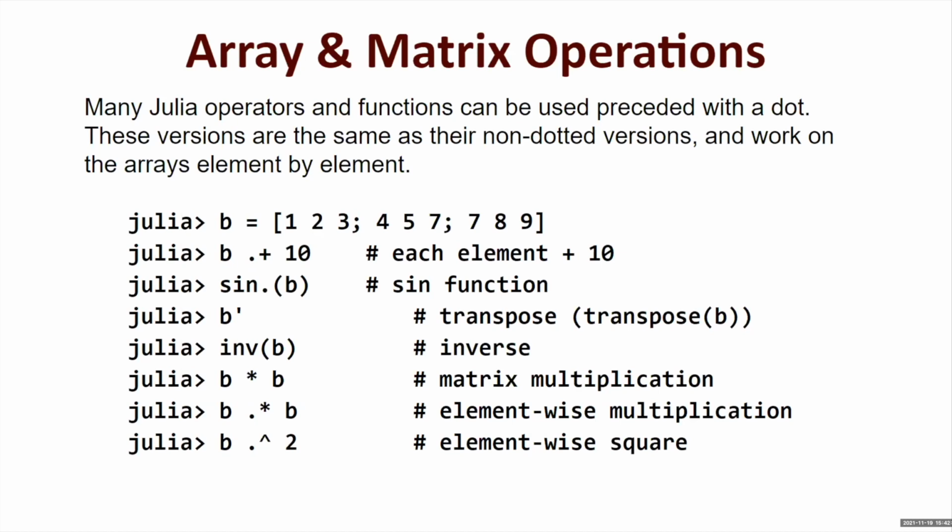And then you can use the dot operations. The dot plus will do the element-wise plus, so 10 will be added to every element. And again, you can apply the dot operation to the sine function and all that. You can do the transpose and other things. These are matrix operations.